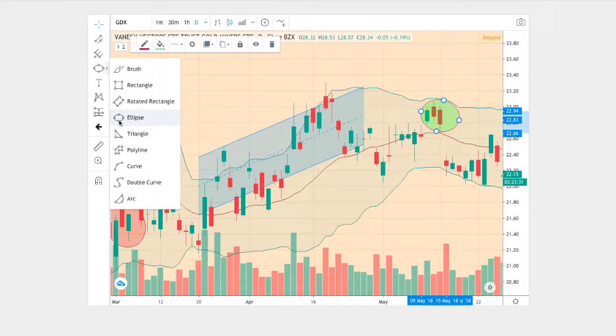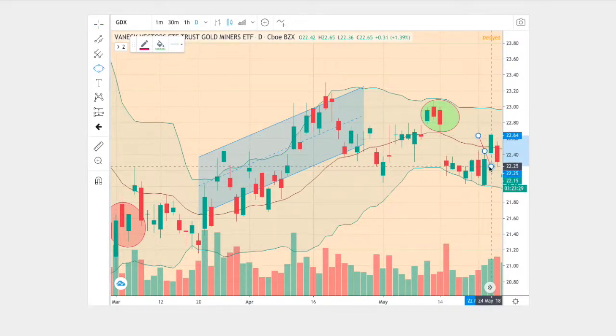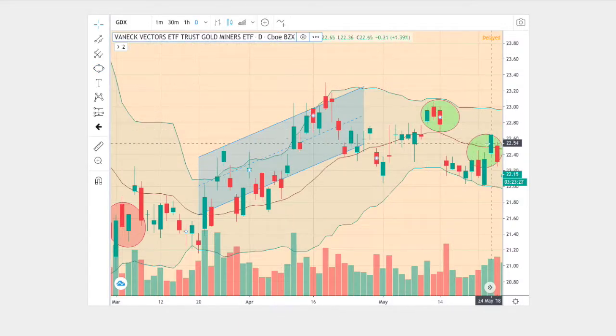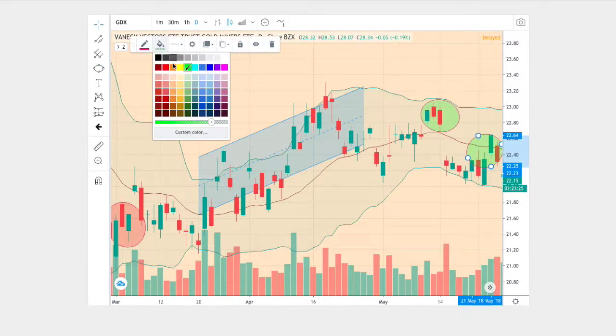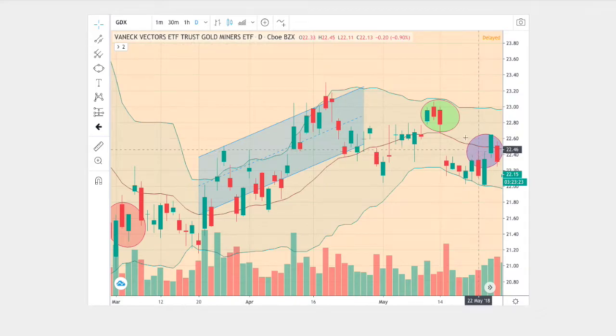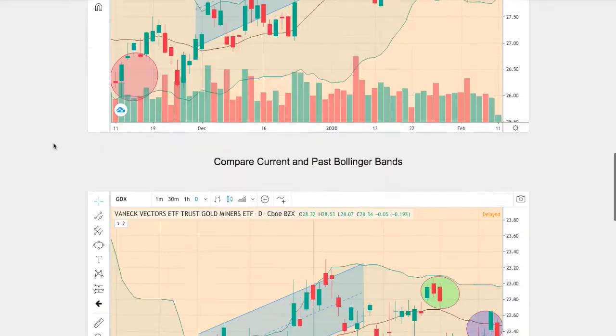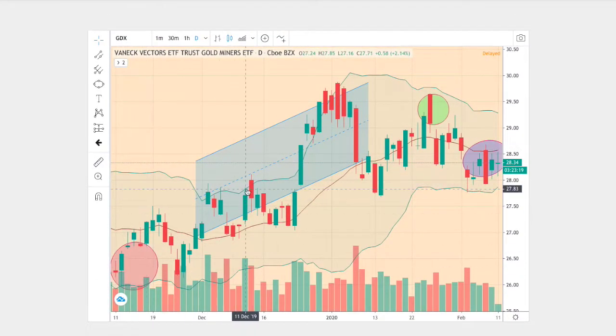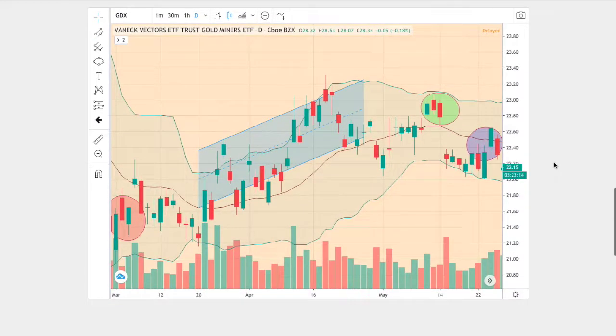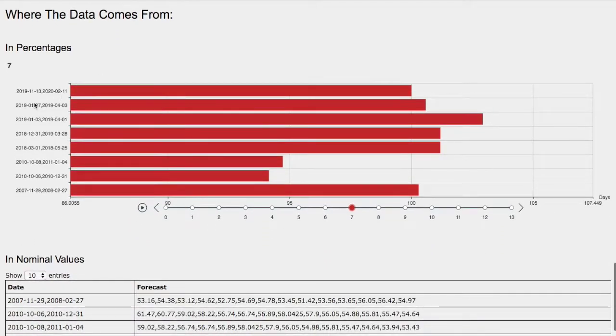And finally, we have it revert back to the mean in the middle Bollinger Band. So we have those points there. What we have is 1, 2, 3, 4 points. We also have 1, 2, 3, 4 points. So there's reason to believe if the trends and patterns are the same, the outcome and forecast should be fairly the same.